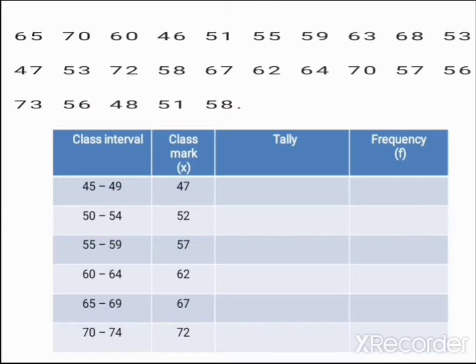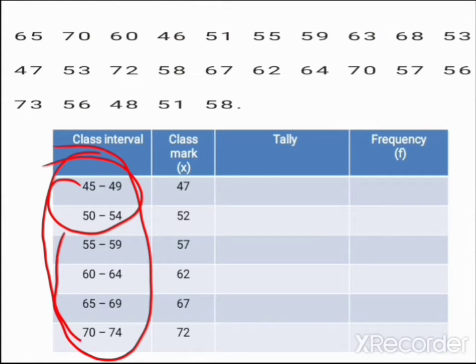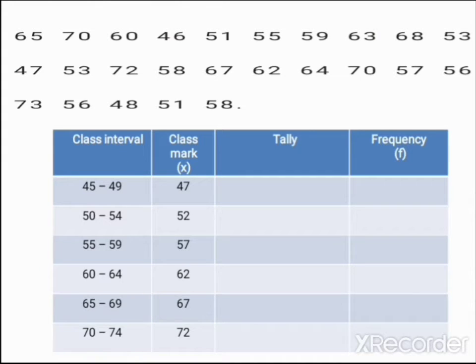So these are our classes. We start with 45 to 49, 50 to 54. These two were given to us. Then the remaining four we worked out ourselves by using the class size of 5. And how did we obtain the class size? We say that the class size is the difference between two consecutive lower class limits, which is 50 minus 45, or two consecutive upper class limits, which is 54 minus 49.